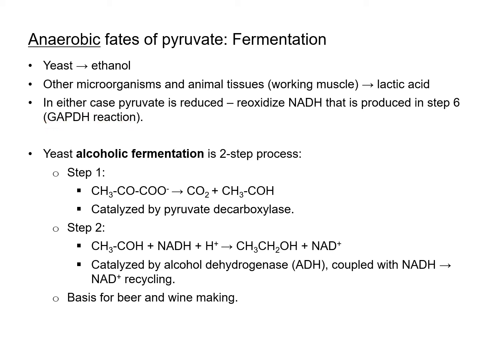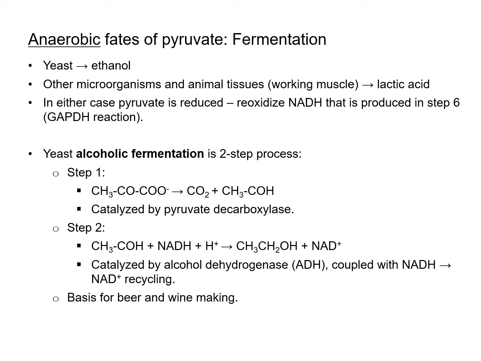When you look at the first one, the yeast alcoholic fermentation, it has 2 steps. The first step is that pyruvate is converted to acetaldehyde with carbon dioxide. This reaction is catalyzed by pyruvate decarboxylase.